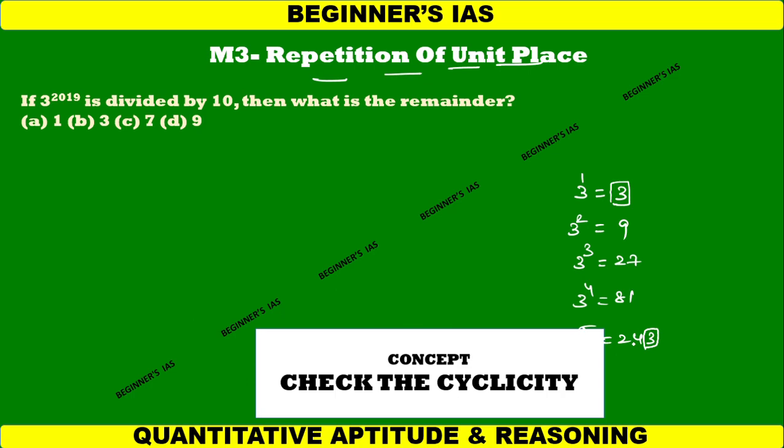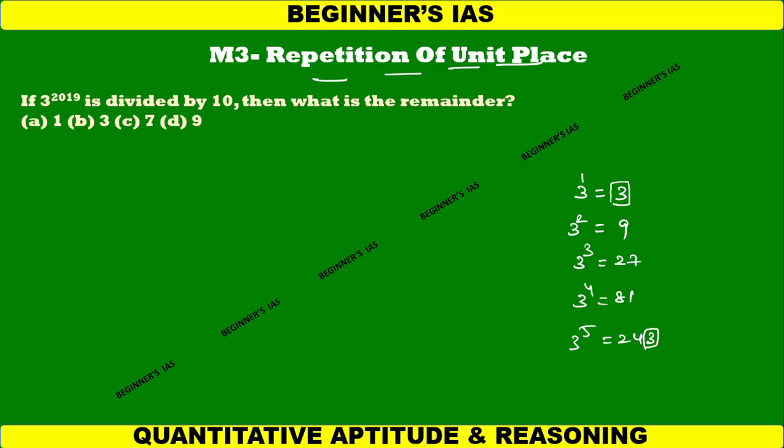If you understand the concept of cyclicity, then we can solve whatever the problem is in a quick manner. I will tell you the cyclicity here. The unit digit repeats after how many powers? That is very important. 0, 1, 2, 3, 4. After 4, everything just becomes cyclic.